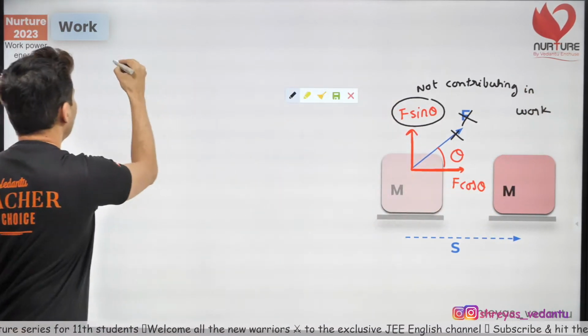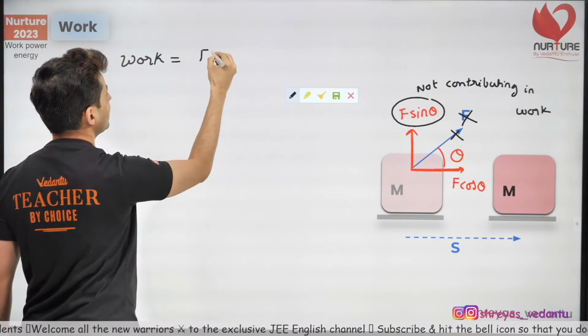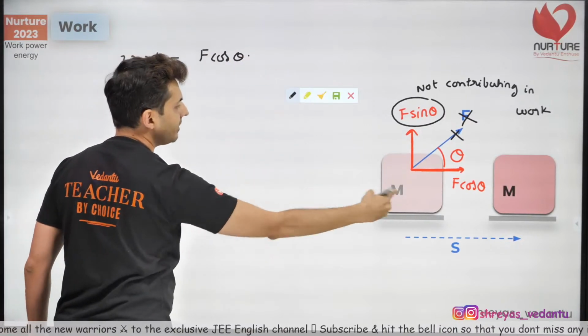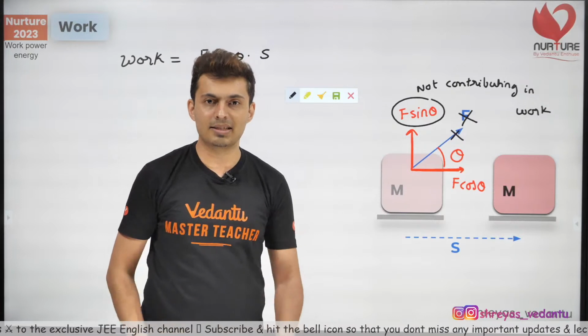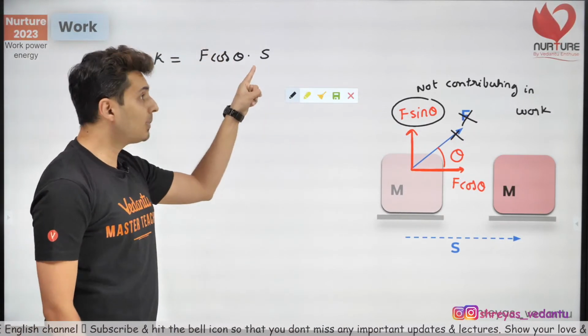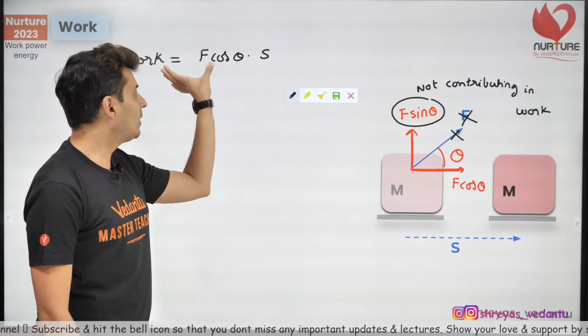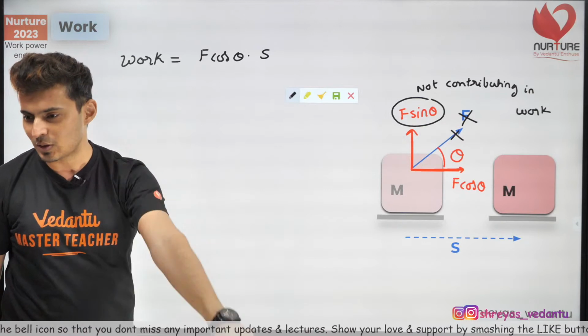So, the work is force in the direction of displacement, which is F cos theta, into the displacement, which is S. But we all have studied something called the dot product. Force is a vector. Displacement is also a vector. Instead of writing F S cos theta, very good. Everybody said cos.